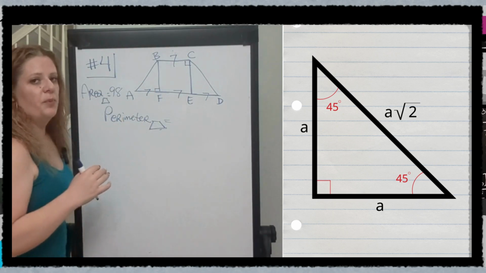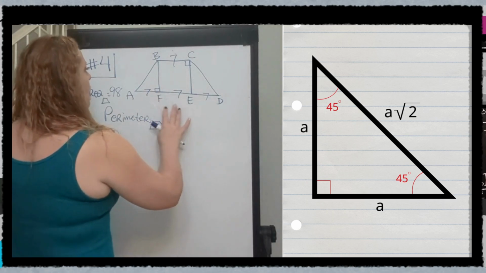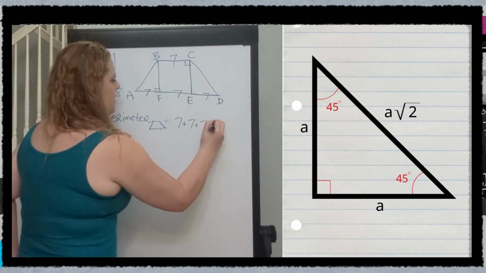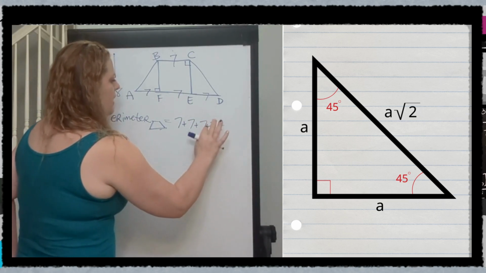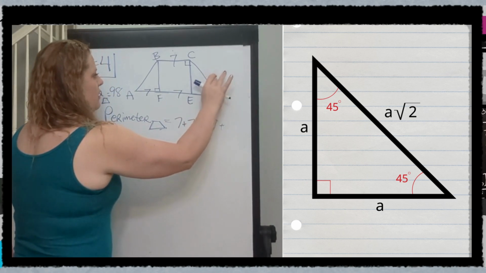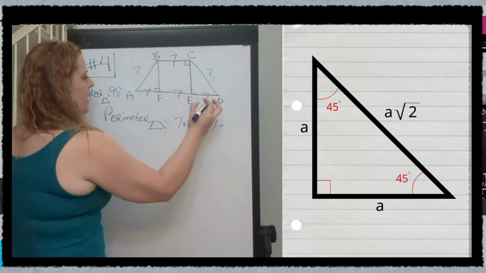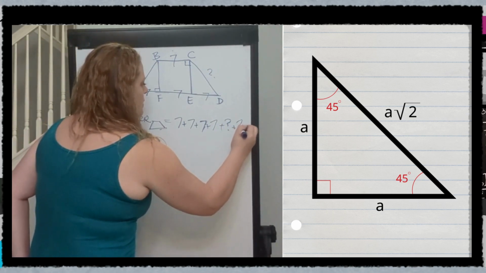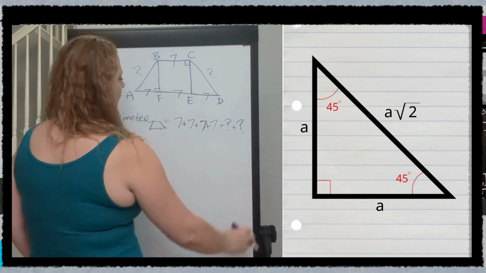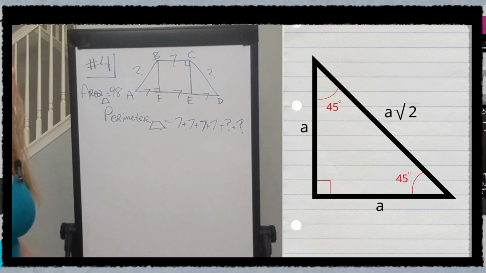And they want the perimeter. So we're going to add up all the sides. 7, 7, 7, 7. It's a lot of sevens. Plus whatever is over here. I'll put a question mark. Now, what are those question marks? That's what we have to find out so we can figure out our perimeter.